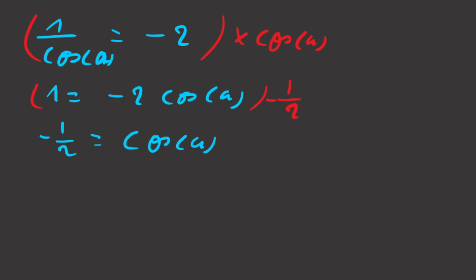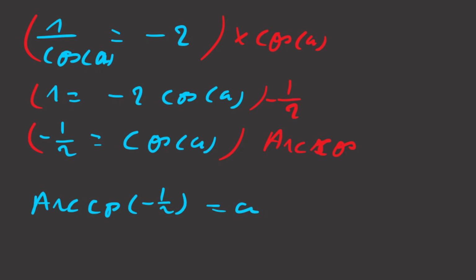And by applying the inverse function of the cosine, which is the arccosine, we would get arccosine of minus 1 over 2 is equal to a.